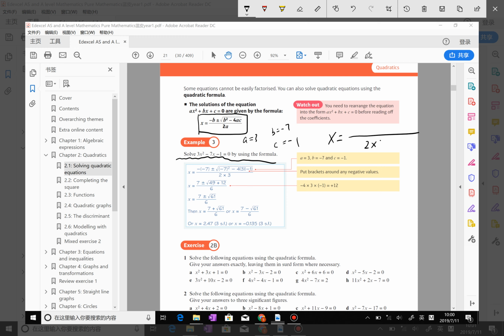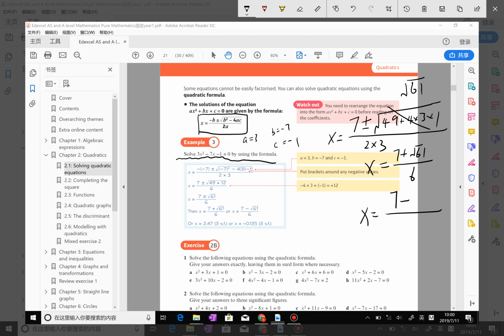So over 2 times a, we have negative b, which is 7, plus or minus the square root of b squared, 49, minus 4 times 3 times negative 1, which is plus 12. So the final answer has square root 61. One answer is 7 plus square root 61 over 6, and another answer is 7 minus square root 61 over 6.